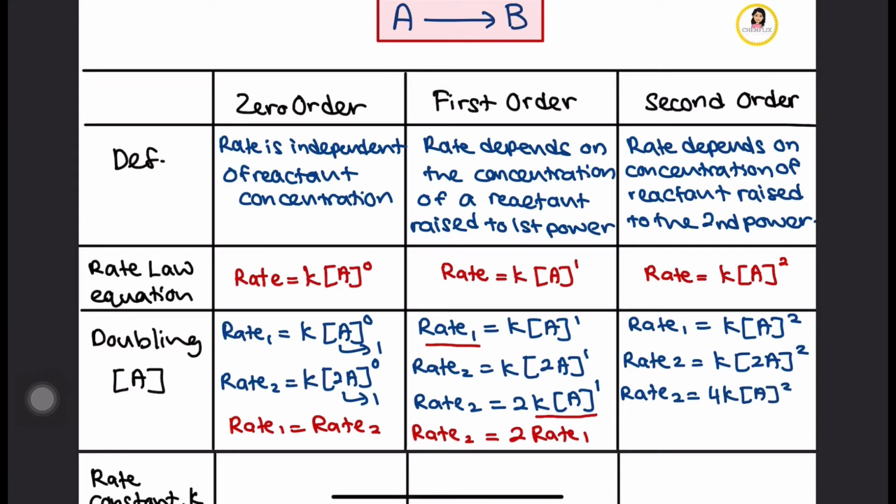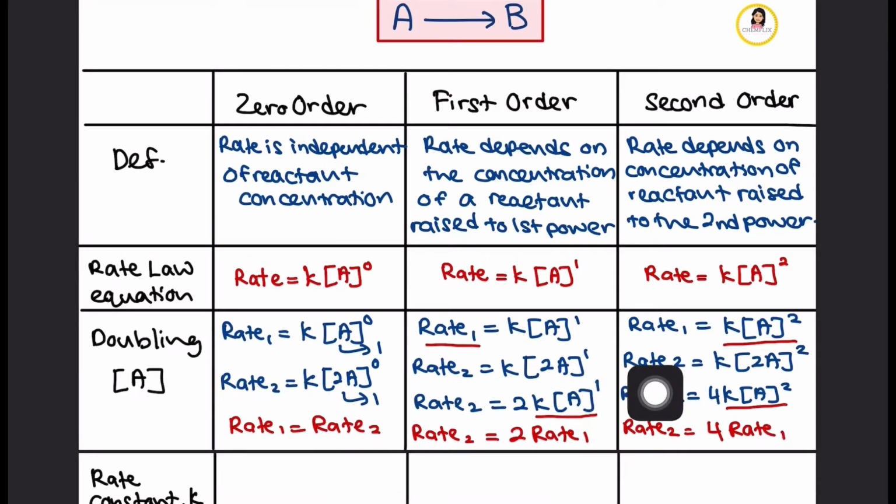As you can see, the part that I'm highlighting in red equals rate 1. Therefore, rate 2 equals 4 times rate 1. So the conclusion is, for a second order reaction, if we double the concentration of reactant, the rate would increase 4 times.